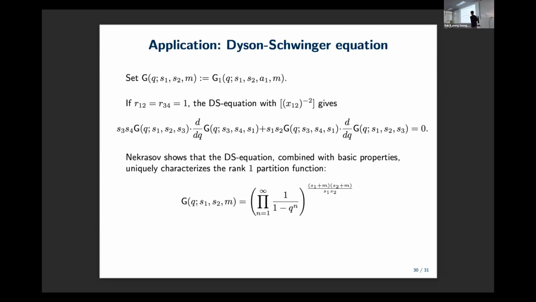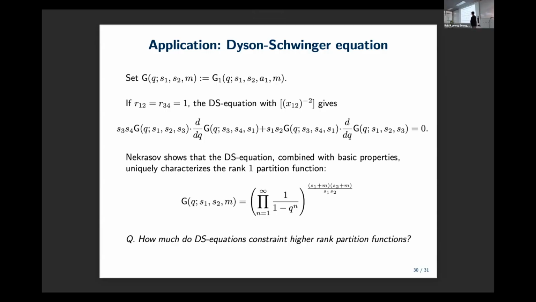And as we all know, this is just given by the number of partitions raised to some power, and this power is essentially what this characterizes. Okay, so the rank 1 case was determined in this way.